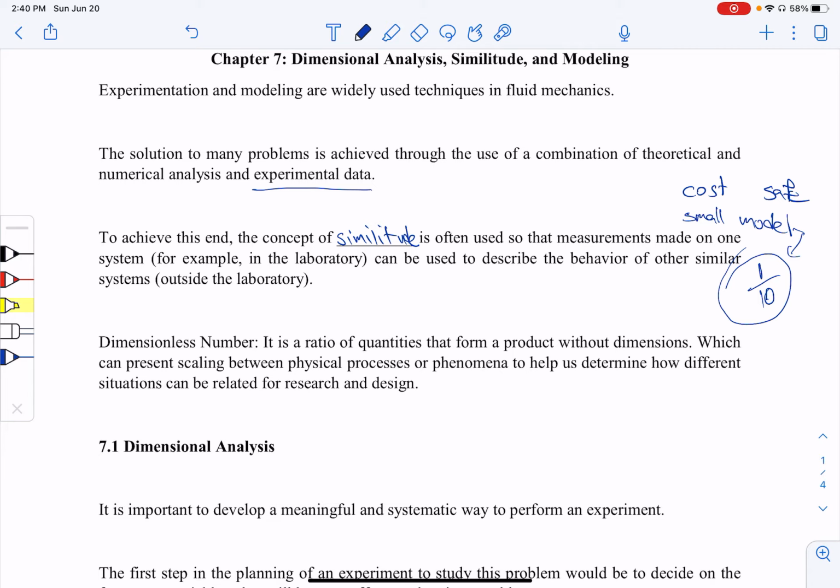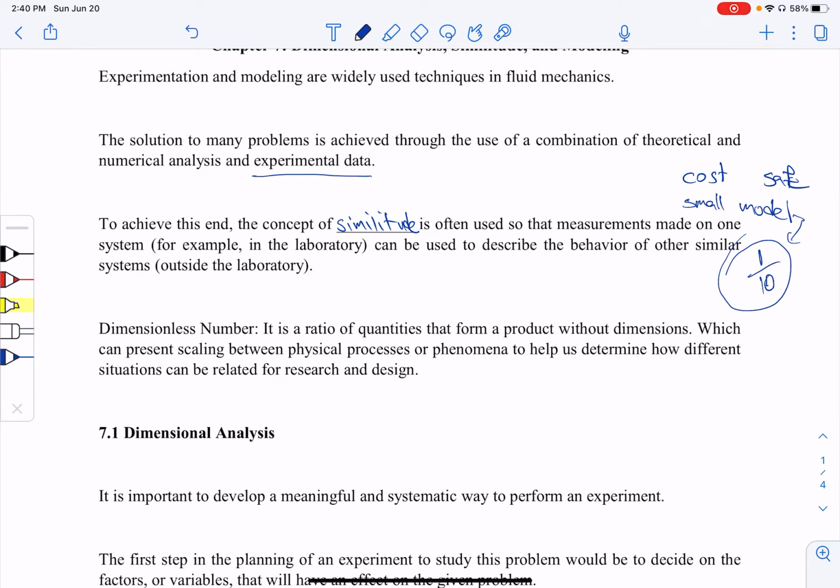We need to know the relationship between the variables. Then we can say how much the other variables are going to scale down. So this is why we need these kinds of definitions and techniques.